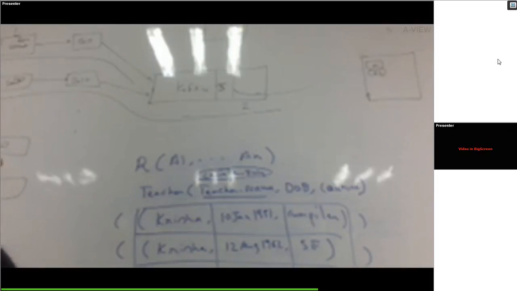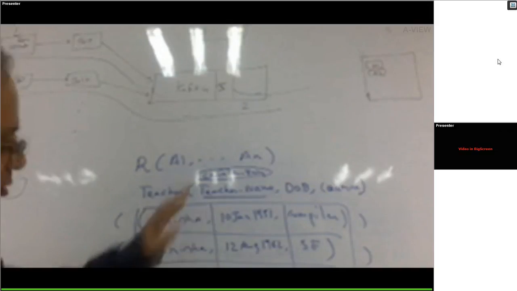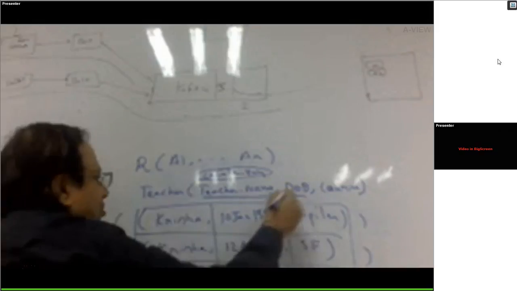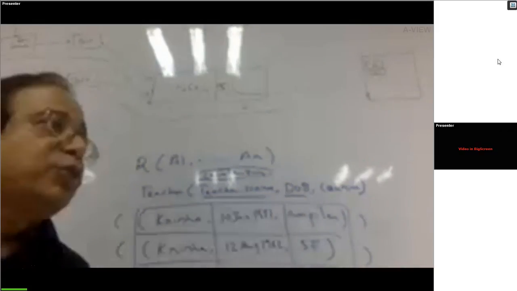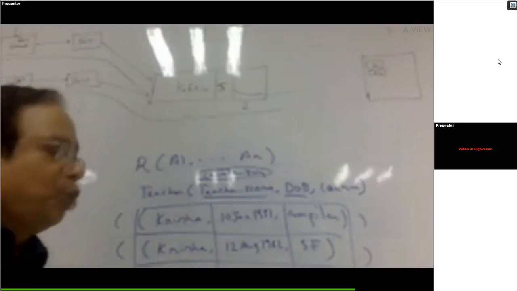But then, one valid assumption that most domains can make is, even though the teacher name can be common, if you put the date of birth together, teacher name plus date of birth are going to be unique. Most of the time this is true.